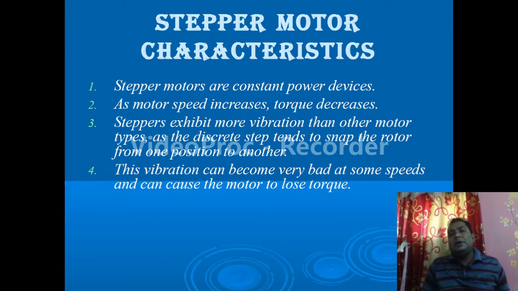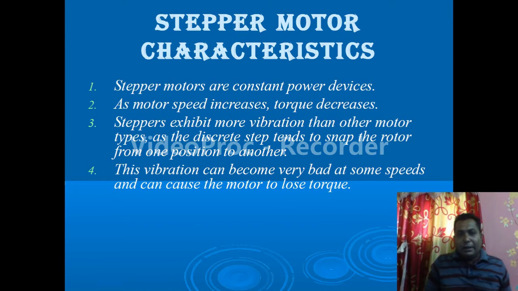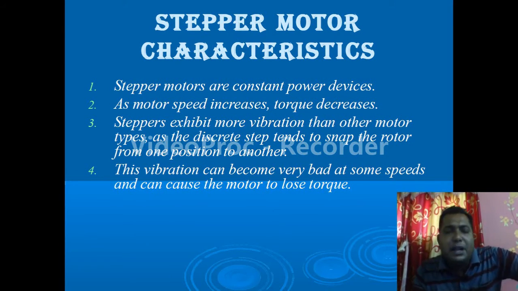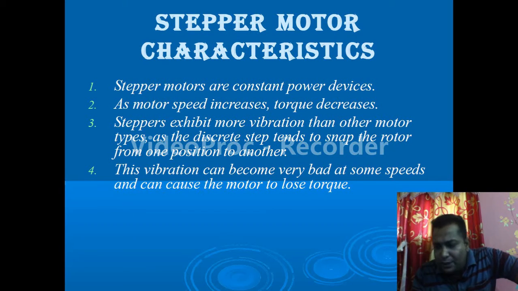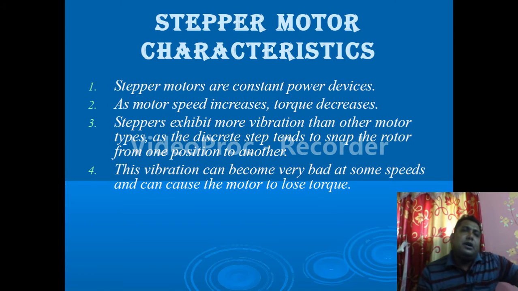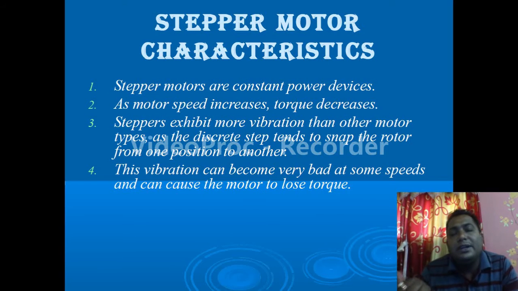Why? Because they are not rotated in a systematic manner. Say when we give the first pulse, it rotates 10 degrees. When the next 2 or 3 pulses are given, it rotates 60 degrees. So it is not a constant step; it does not always move in a constant step, it moves in discrete steps.